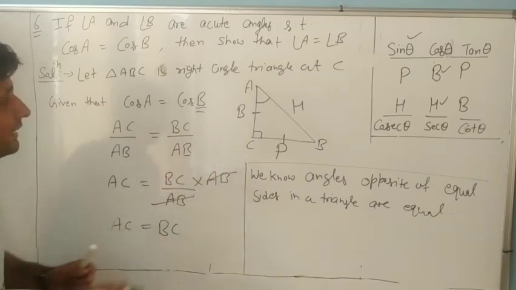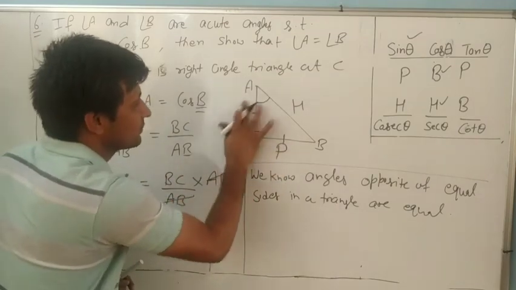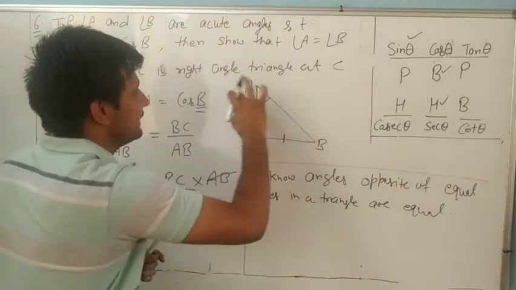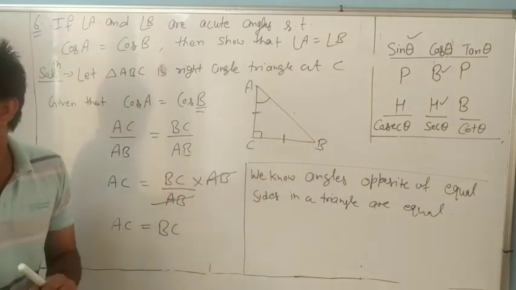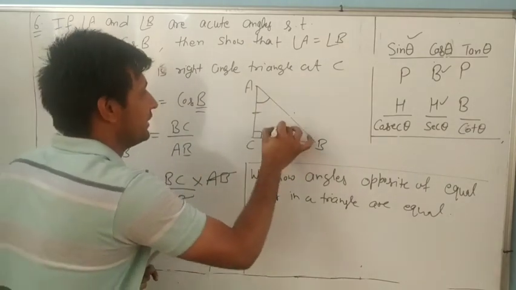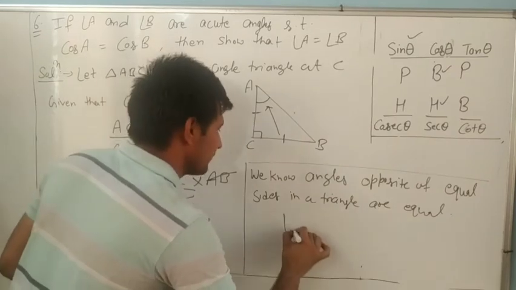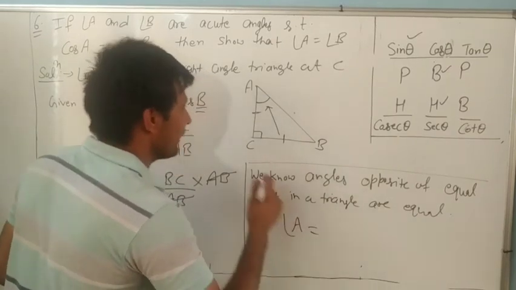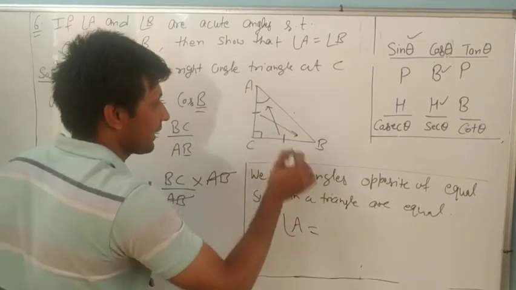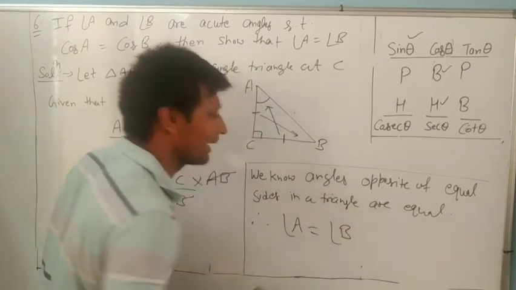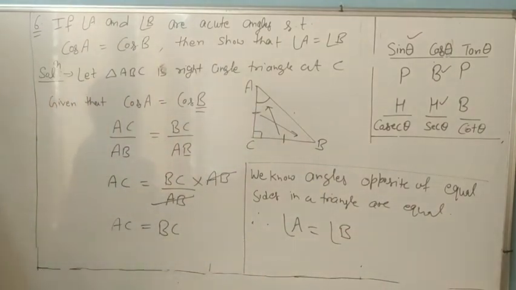It is AC, it is BC, both are equal. It means the opposite angle of BC is angle A, and the opposite of AC is angle B. Therefore, angle A equals angle B.